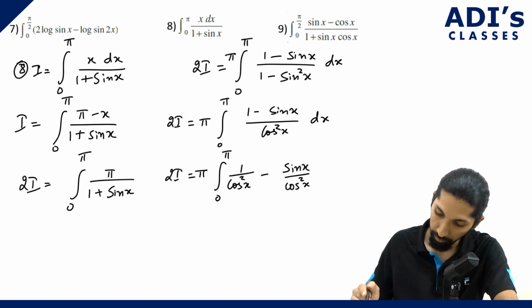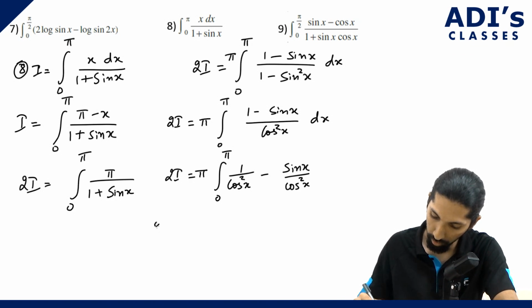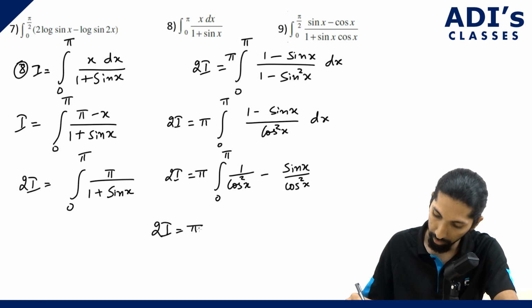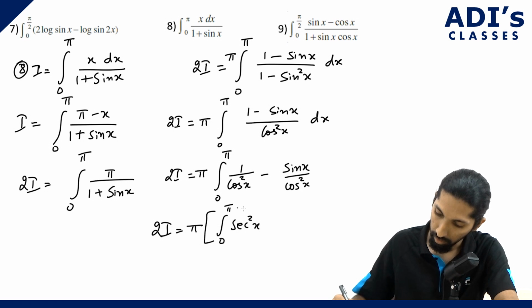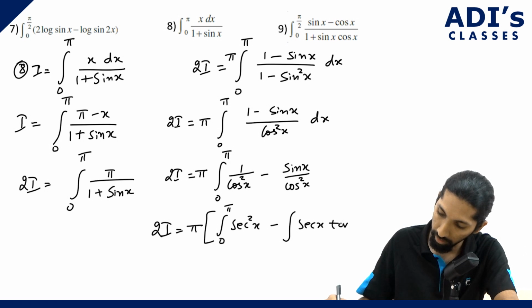So what do you have here? You have 2I is equal to pi into integral of secant square x minus integral of secant x into tan x from 0 to pi.